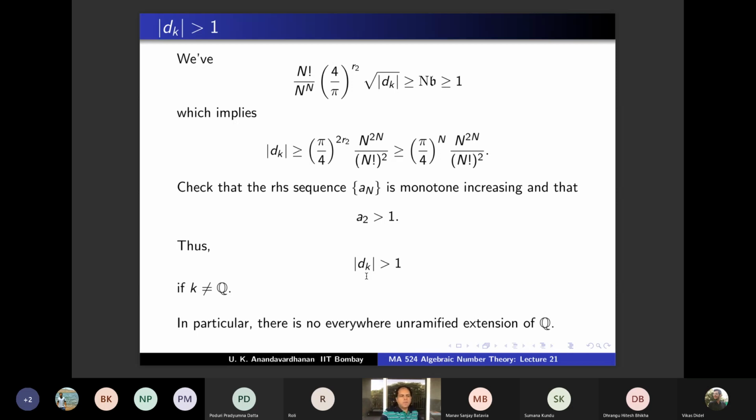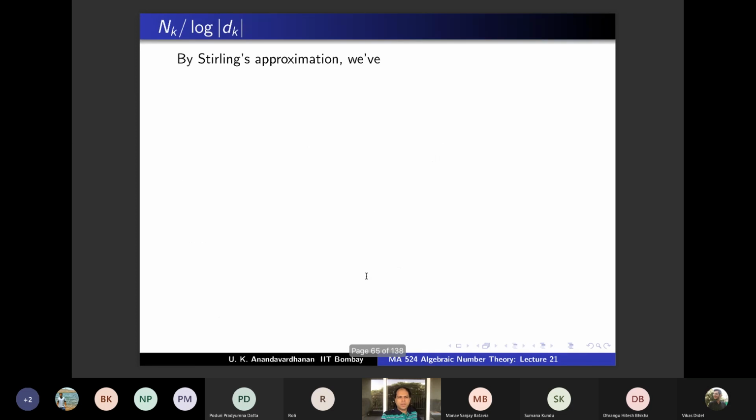So everywhere unramified meaning each prime is unramified. That cannot happen. At least one prime number is ramified because the discriminant is bigger than 1. So at least one prime number will divide it.